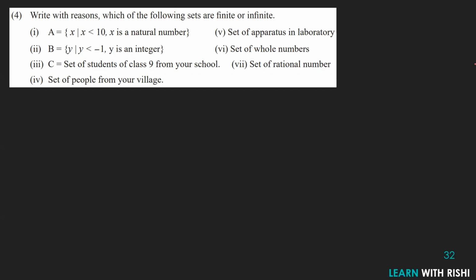So x is less than 10 and it is a natural number. So natural number starts from 1. So my set A will be equal to 1, 2, 3, 4, 5, 6, 7, 8, 9. We will not include 10 because it is less than 10. So this will be my set.